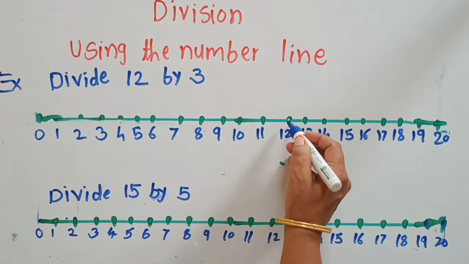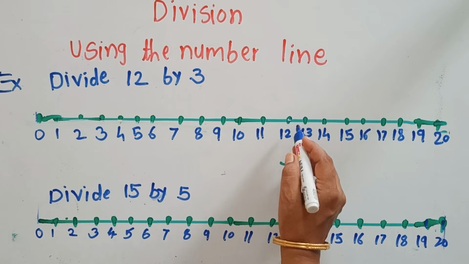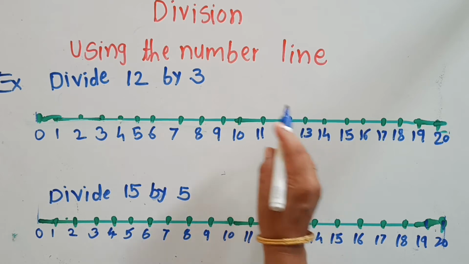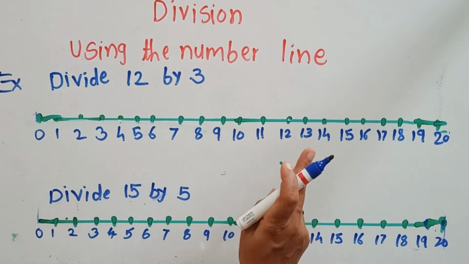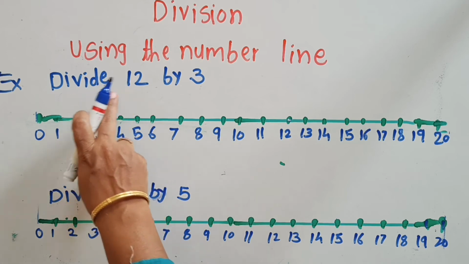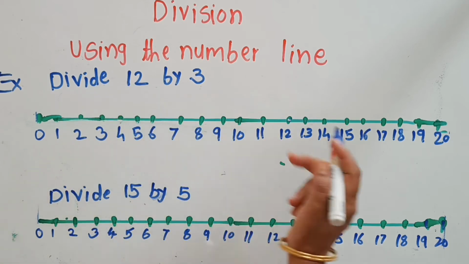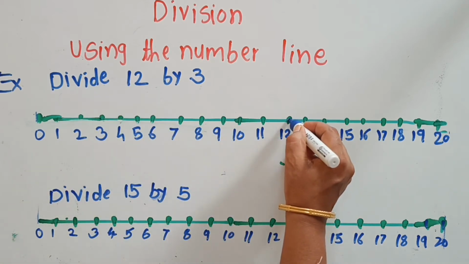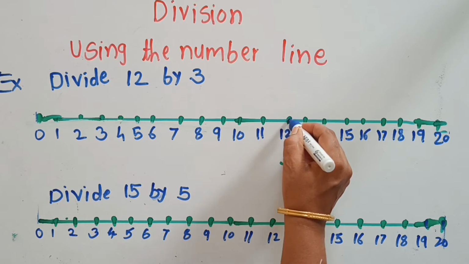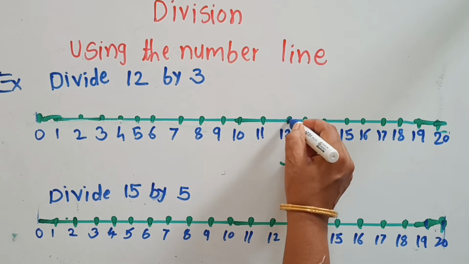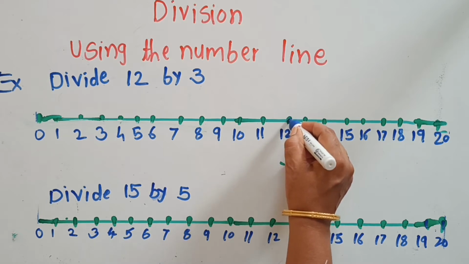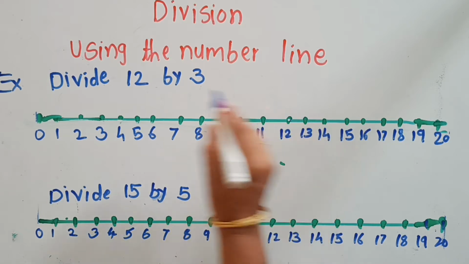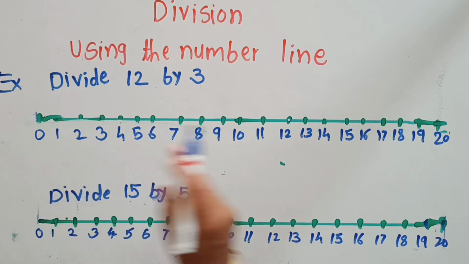So we have to start from 12 and jump 3 steps. Why 3 steps? Because we have to divide 12 by 3. So from 12, children, we have to jump 3 steps backward till we reach 0.